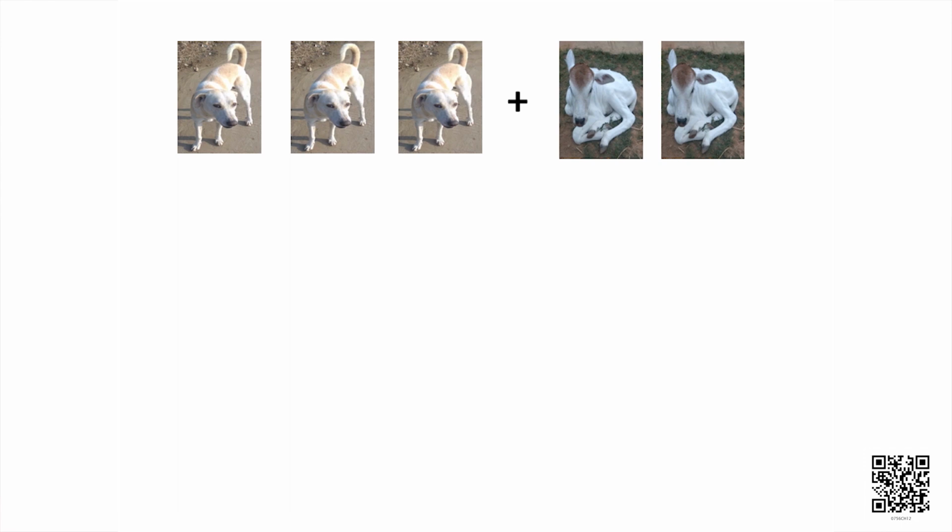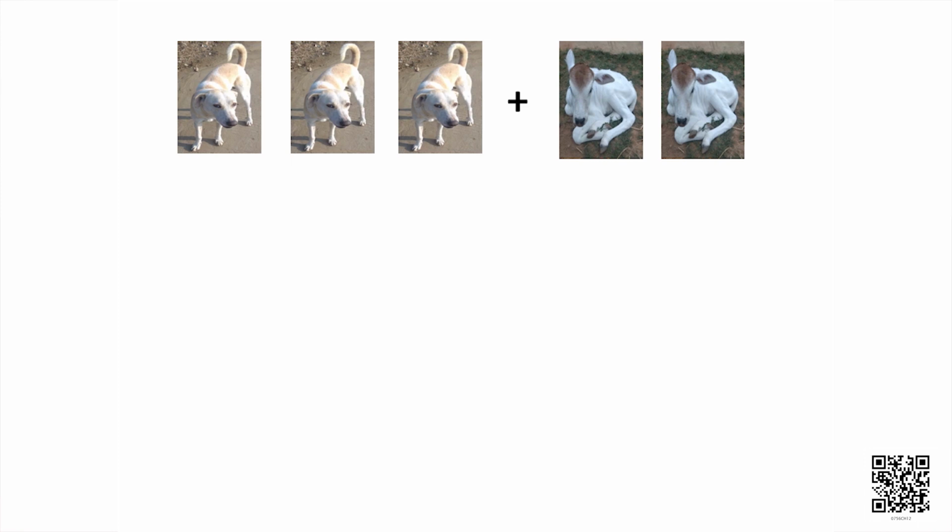Now let us take another example. Now we have a different animal also. So let us see. First we have taken 3 pictures of dog and then we have taken 2 pictures of, what is it? This is calf.